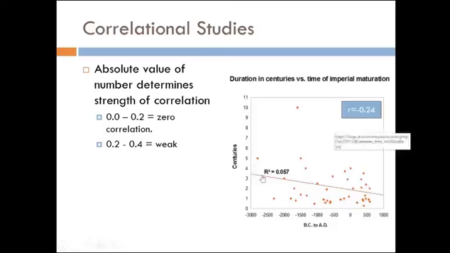This number here, this r squared, is the little r squared, and it's actually telling us how much of the variability can be accounted for by this data.